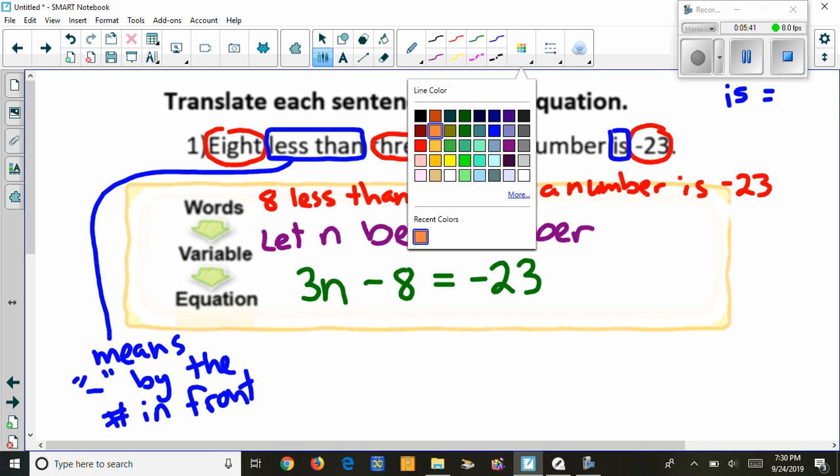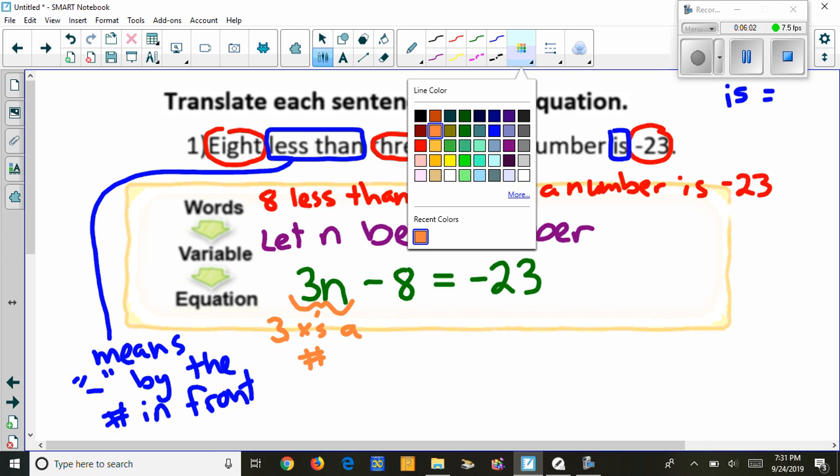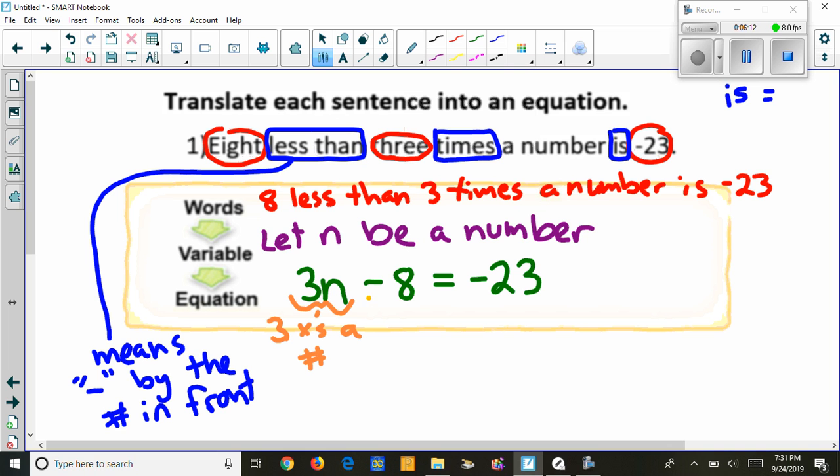So again, this statement here was 3 times a number and this statement here is our 8 less than.